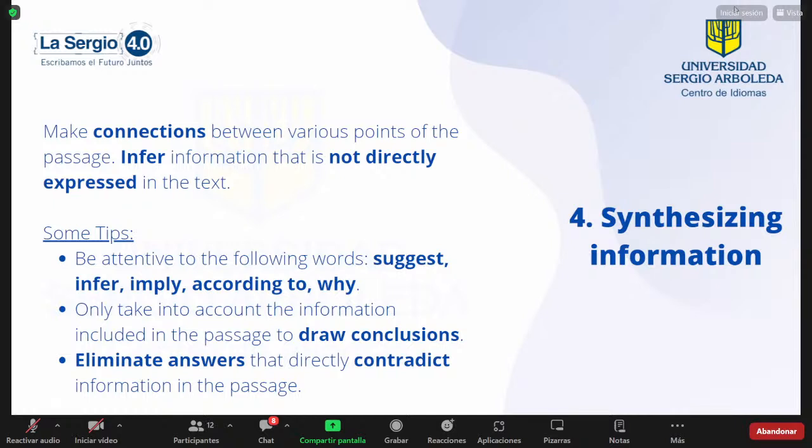Be attentive to the following words: subjects, infer, imply, according to, why. Only take into account the information included in the passage to draw conclusions. Eliminate answers that directly contradict information in the passage. Okay, so out of the 4, you eliminate the ones that say the opposite.